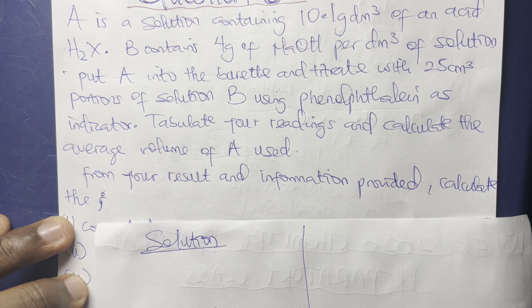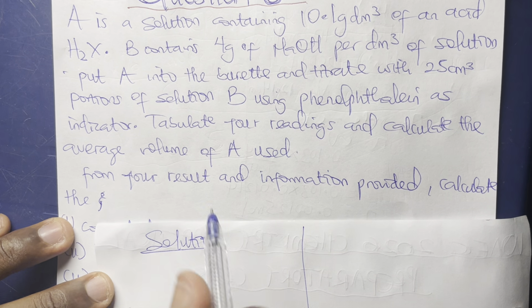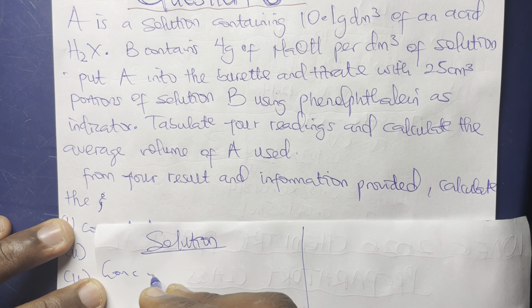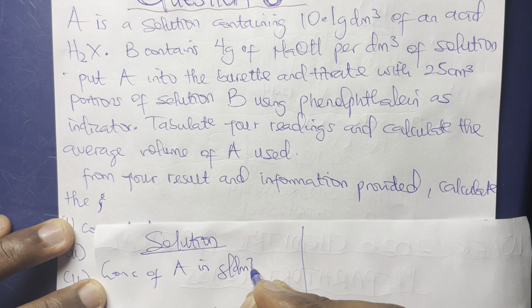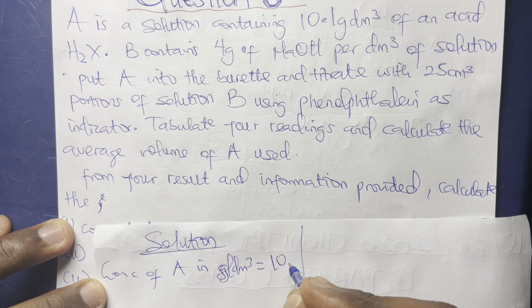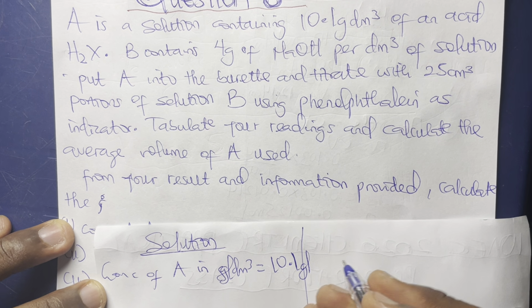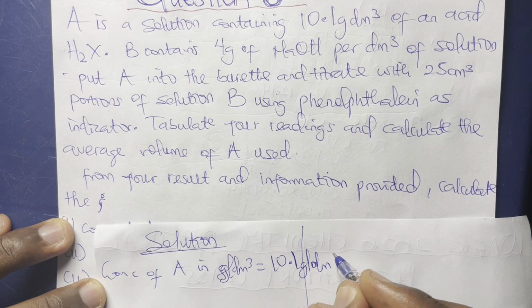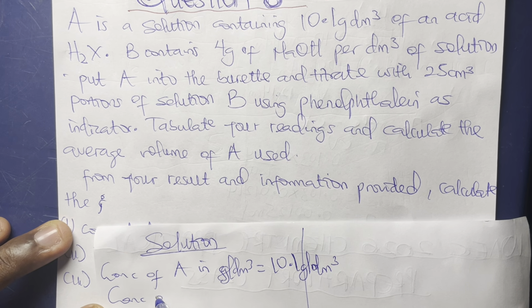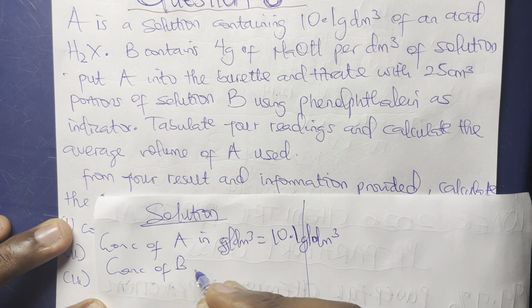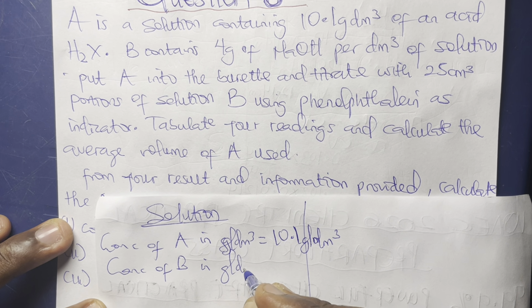Now let's interpret the parameters given. The concentration of A in gram per dm cube is 10.1 gram per dm cube, right? So the acid is H2S. What about the concentration of B in gram per dm cube?